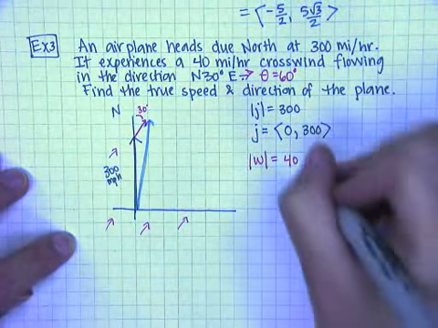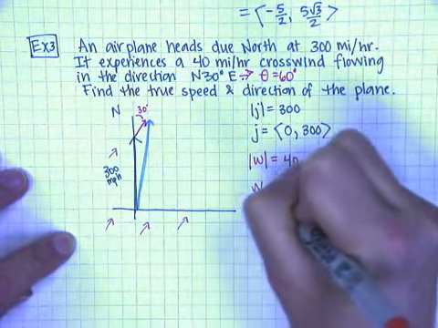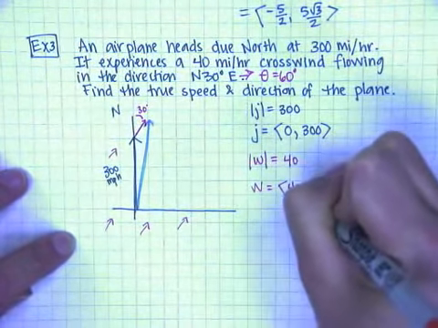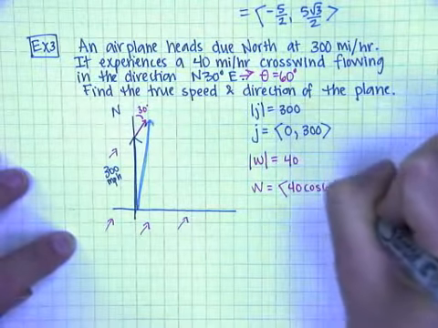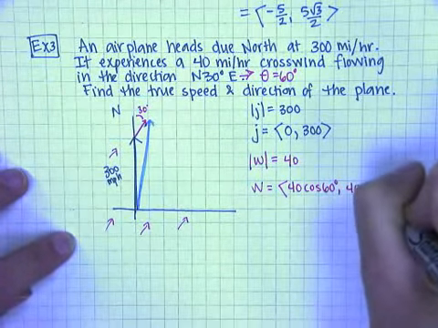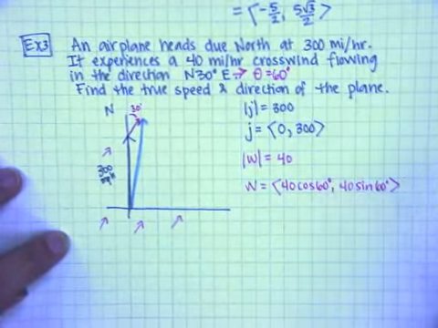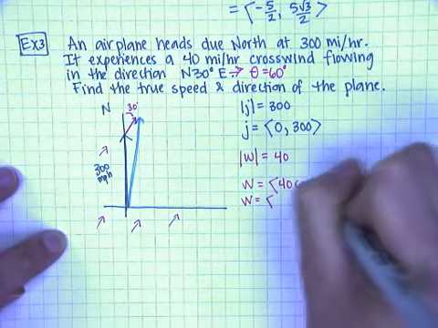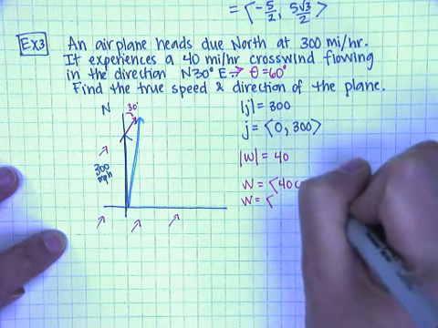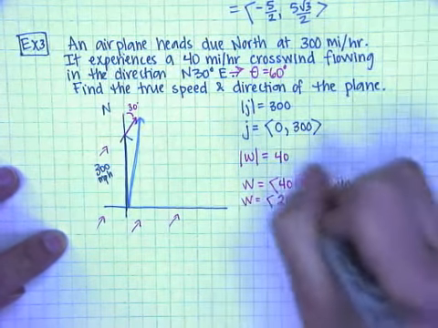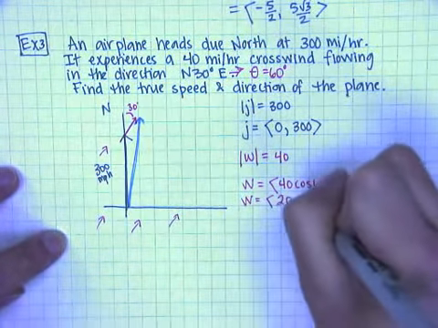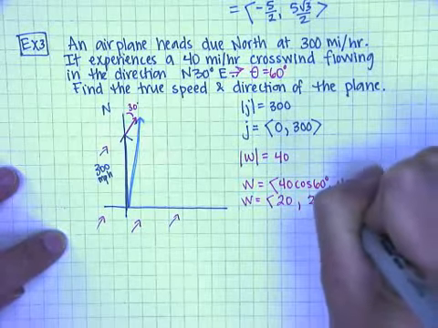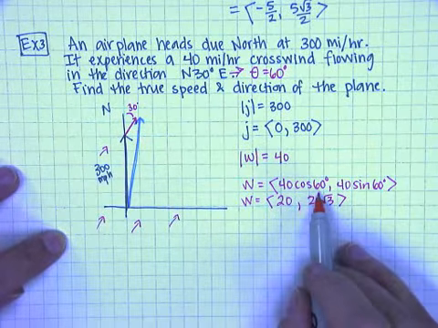And so if I want to do this in component form, I would say W equals 40 cosine 60 degrees and 40 sine 60 degrees. That would give me W equals, let's see, cosine of 60 is a half, so 40 times that would give me 20, and then this would be 20 root 3 when I worked it out using my unit circle.